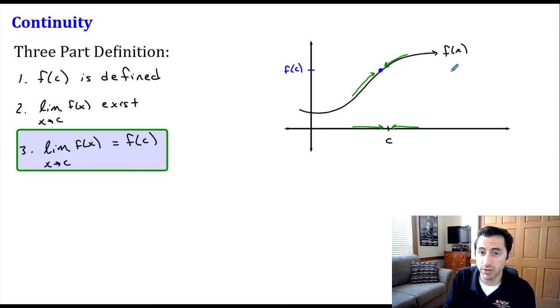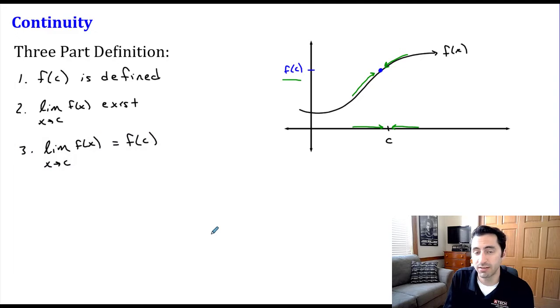And then the third part of the definition is bringing those first two together. And as we're taking a look at the limit, not only are the two one-sided limits approaching the same number, but that number is f of C.